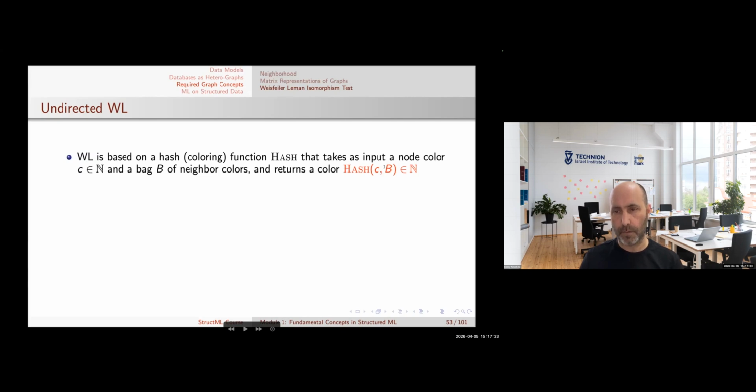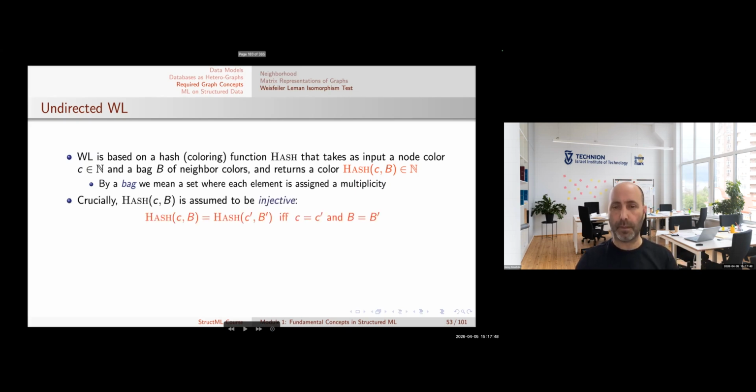So hash(C, B) is a natural number, a new color. And remember, by a bag, we mean that we allow for duplicates. Every element is associated with multiplicity. Okay, the crucial thing about hash is that it is assumed to be injective.